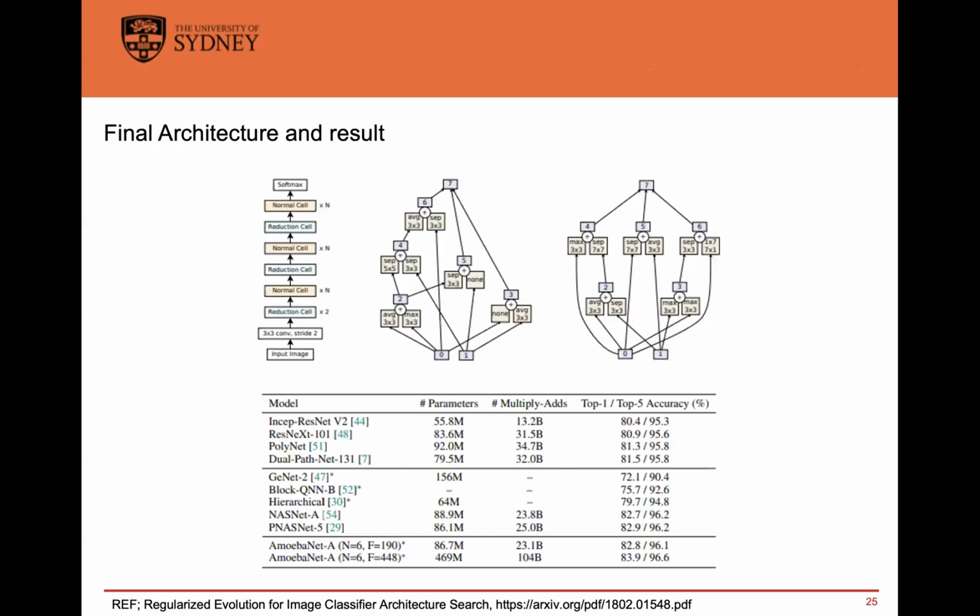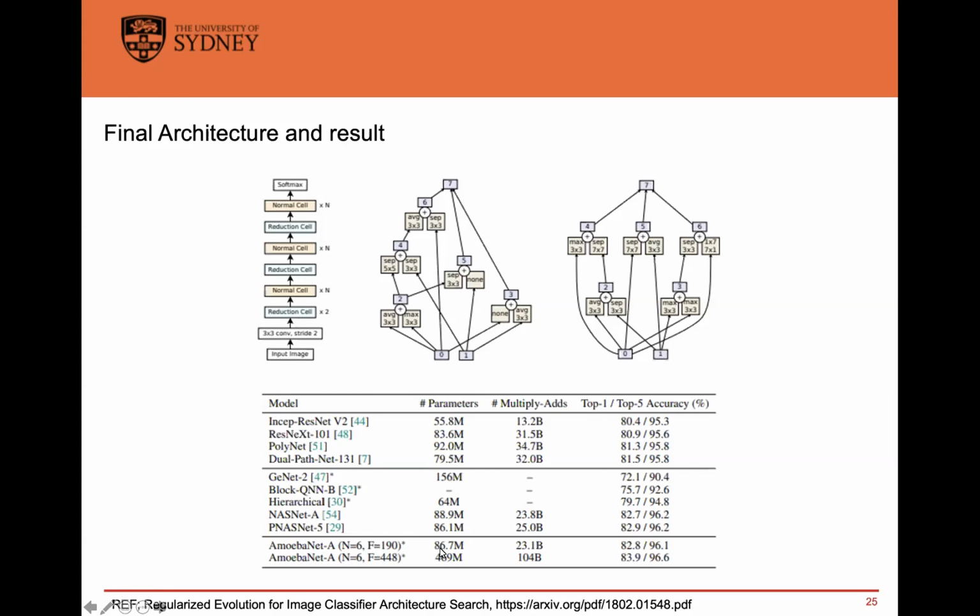But yeah, that's their final structure pretty well, and their final results with the comparison to their NASNet. So NASNet A is the reinforcement learning RNN model they had previously, and you can see the AmoebaNet.